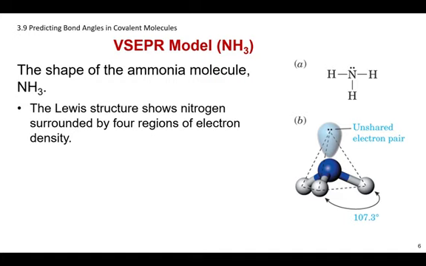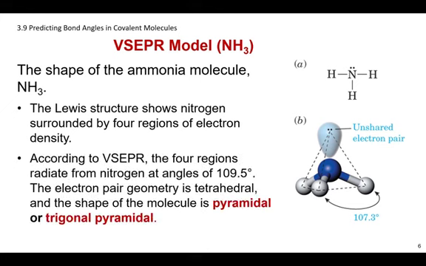Why is ammonia 107? The lone pair repels a little bit more. Therefore, this molecular shape is called triangular pyramidal: a triangle base and a pyramid. Pyramidal is named for this shape, pyramidal or trigonal pyramidal. There are 2 names for ammonia.